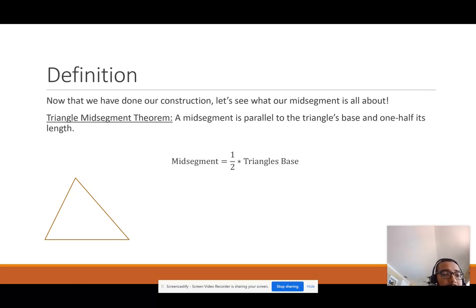So here, I'm just going to pretend that I already found the midpoint right there, and right there. Obviously, we know that the midpoint is going to be in the middle. It's not perfect, but we'll get there, right? So the next part we did was connect our midpoints, correct?